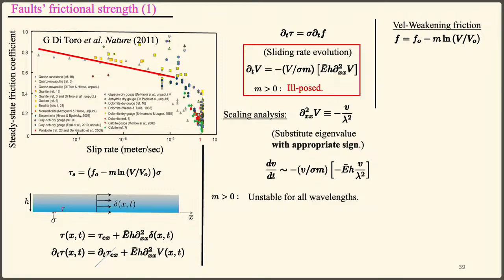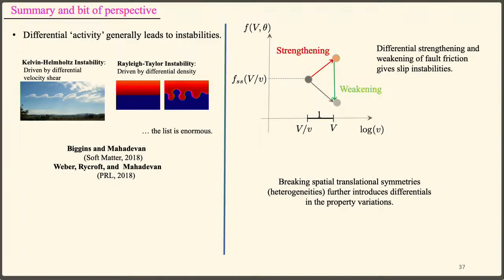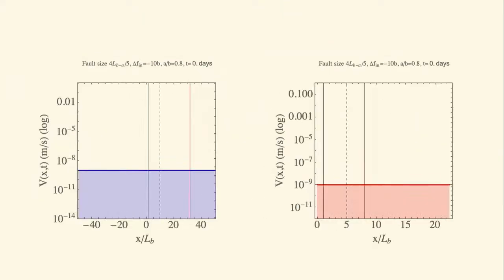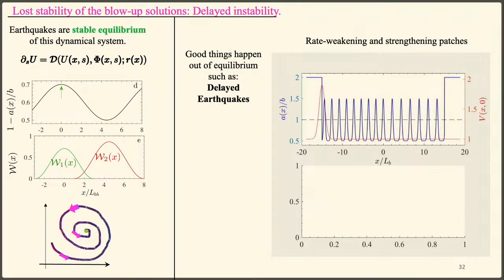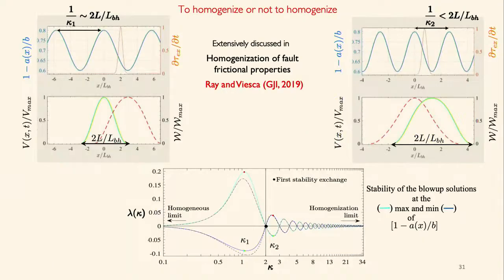And the second case, when you had this heterogeneity in the frictional interface, the rate and state law, that a over b. The sequence of transcritical instabilities that you showed, the transcritical bifurcations.